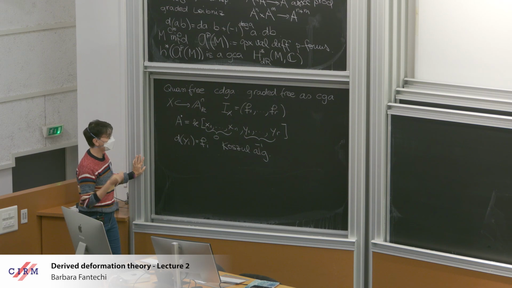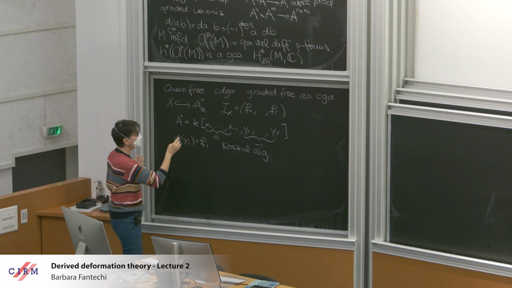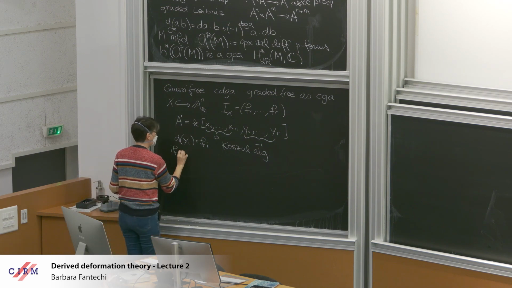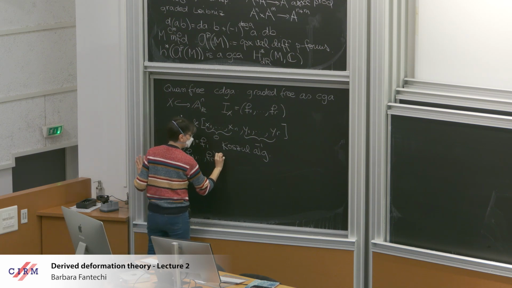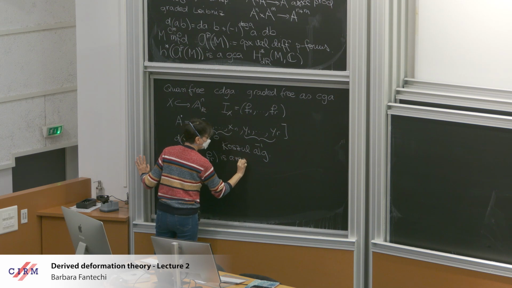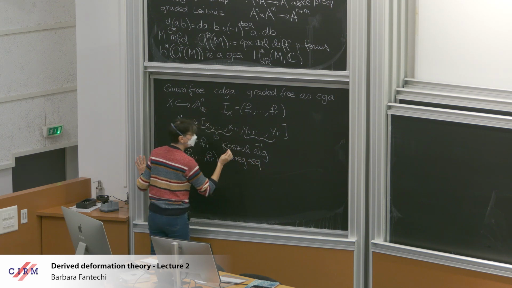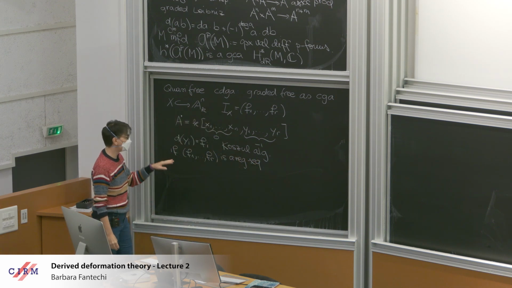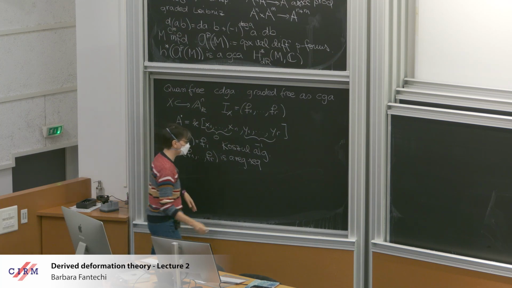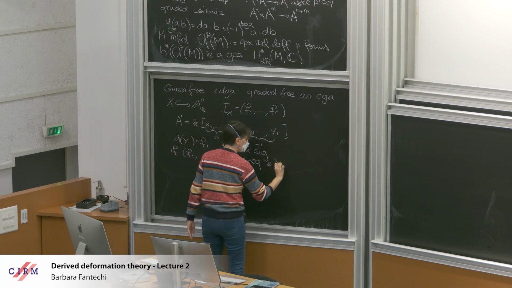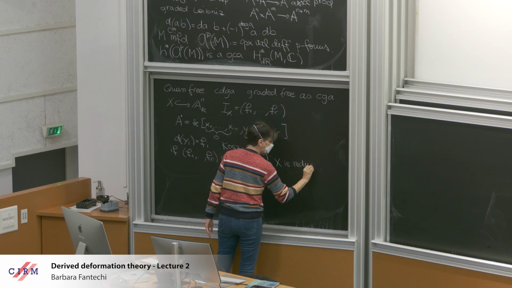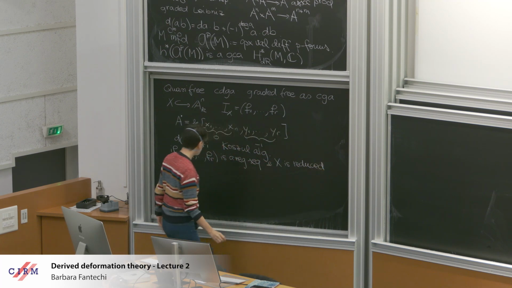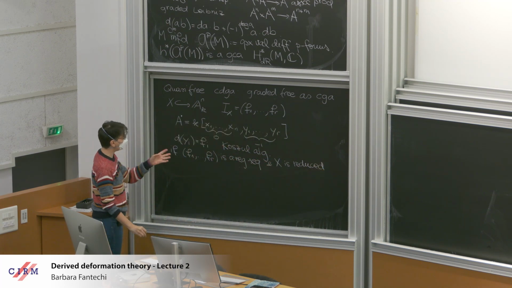And as Mauro was saying, if f1, ..., fr is a regular sequence, and maybe I will also add for security that X is reduced. I'll just throw this in for my happiness. It's probably not necessary, but this is what I'm familiar with.